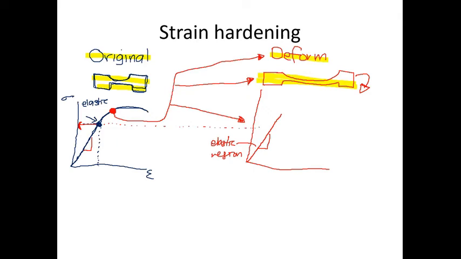But when you run the stress and strain experiment again for the deformation sample, the elastic point changes to this point, which is in the plastic region. After this point, it will have the deformation region, or plastic region.